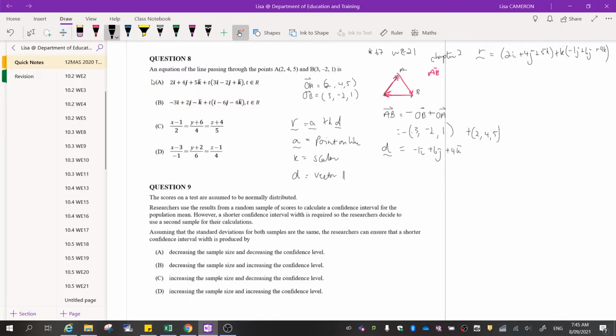That doesn't match that option, although it could be one of the other forms, so maybe don't cross it out yet. Let's take that back. Currently that one doesn't match anything.